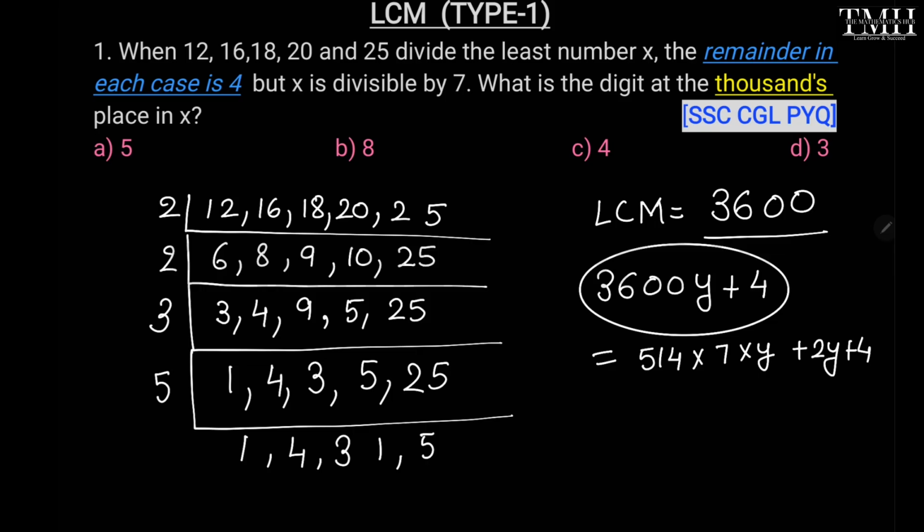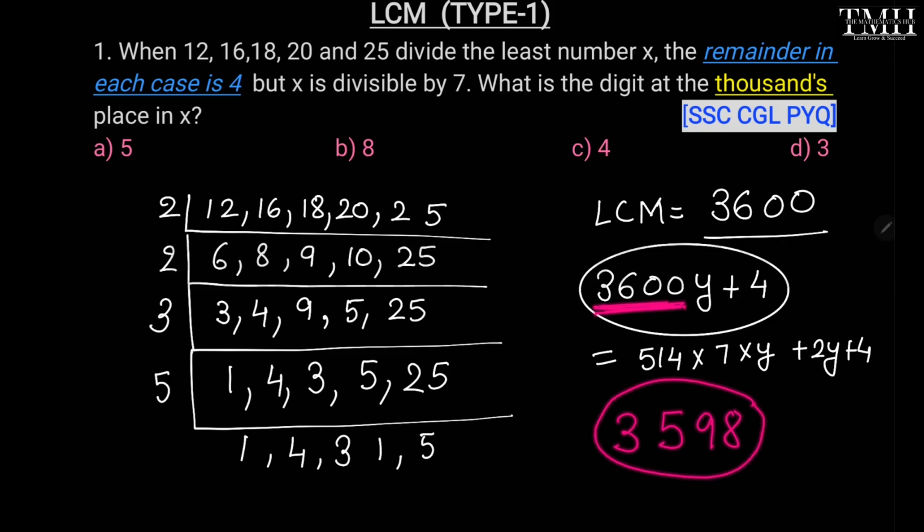How did we come to know? Just divide this number by 7. You will find that this number is not completely divisible by 7, but the nearest number, that is 3598, is completely divisible by 7.